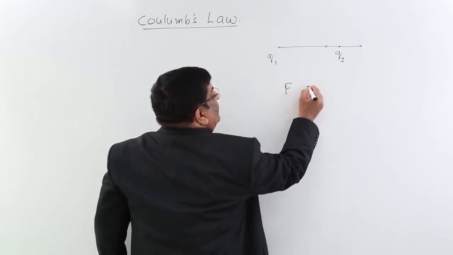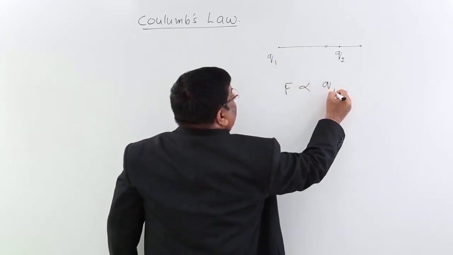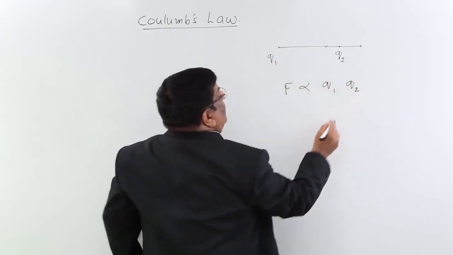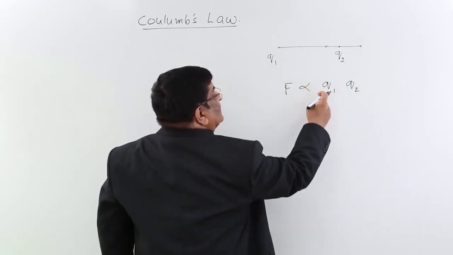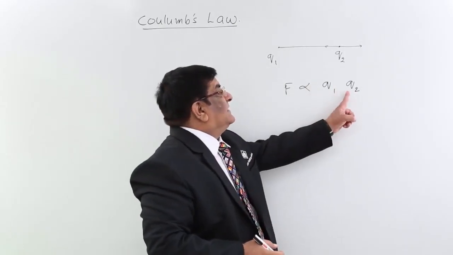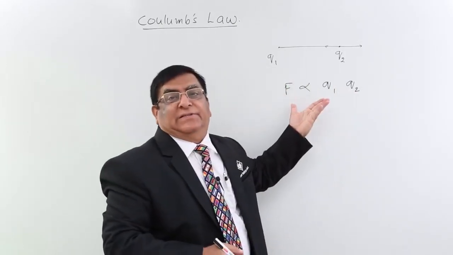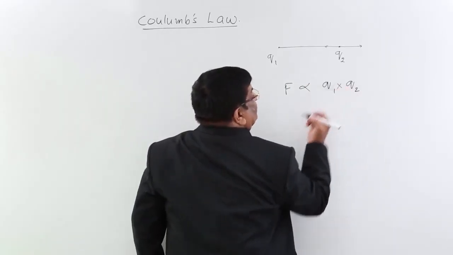He said this force will be proportional to the charges q1 and q2. Now, what should be the relation between the two charges? If we increase the charges, the force will increase. But how much increase in the charges will bring how much increase in the force? For that, he said the relation is multiplication.